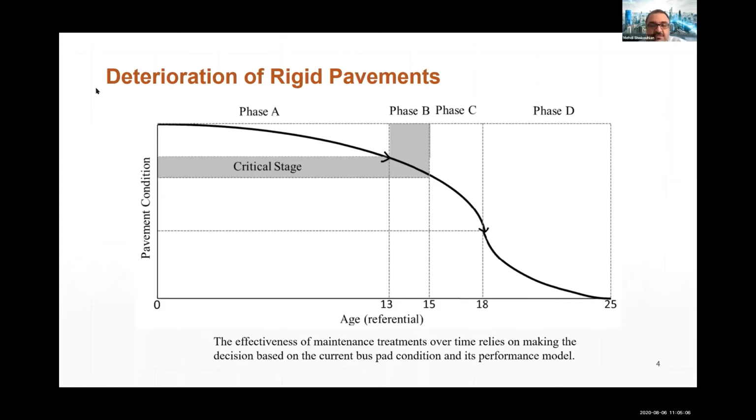However, it is not. Going further in phase B, more damage to the surface is observed and the basic structure begins to deteriorate, which is not visible. These distresses begin as punctual and slowly spread until eventually they affect most of the pavement surface.